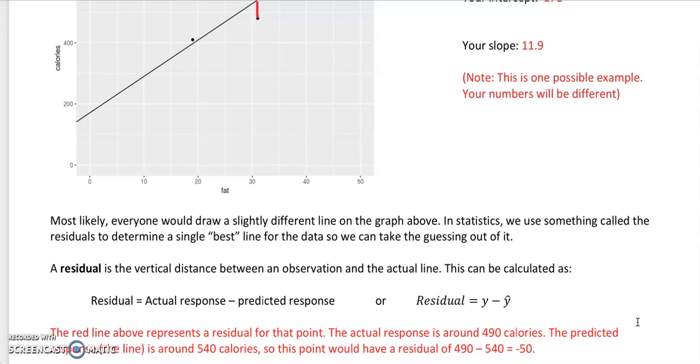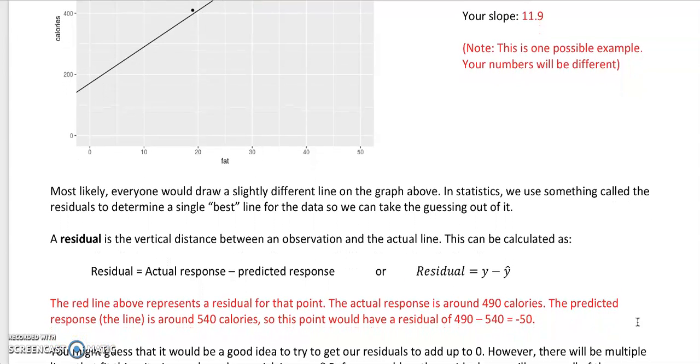We want our line to be close to the points. We want it to really tell us what is going on between these variables. So we want our residuals to be small. You might have tried to do this without knowing that it's what you were doing, but we probably want to balance out how many points are above the line, how many points are below, and how far above and below the line they are.